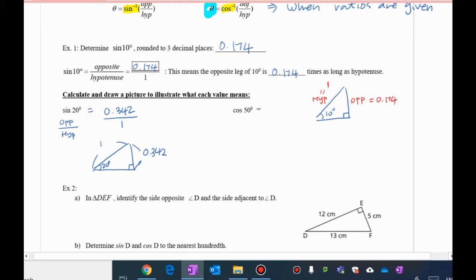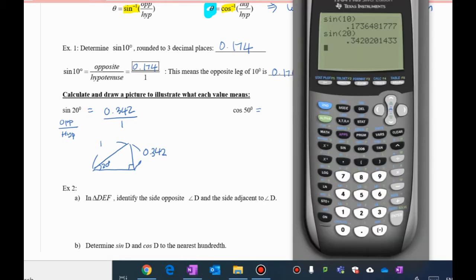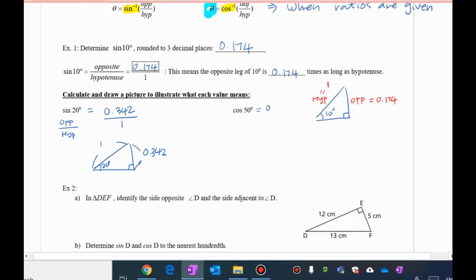Next, cosine 50. Cosine 50 is 0.6427. So if you round that, 0.643 over 1, right? Cosine is SOHCAHTOA, adjacent over hypotenuse.